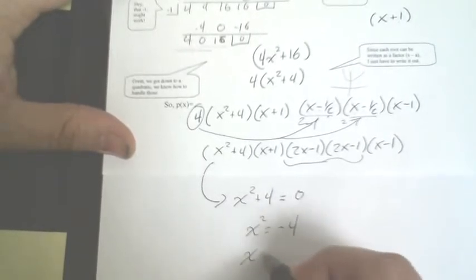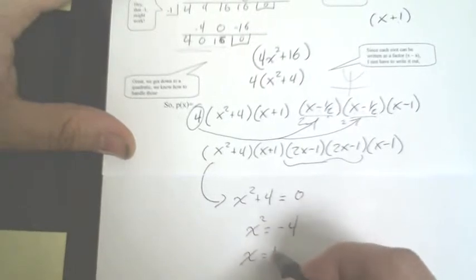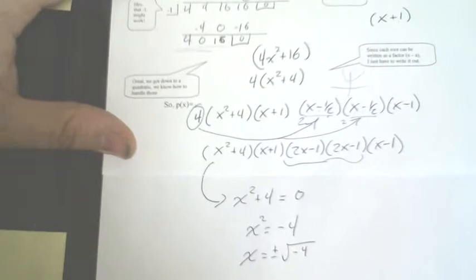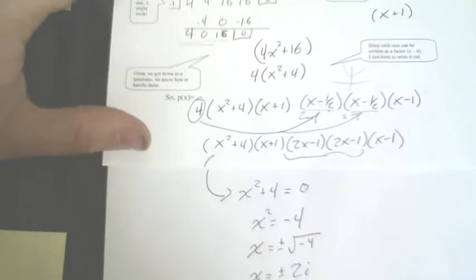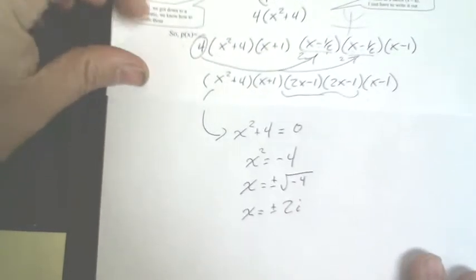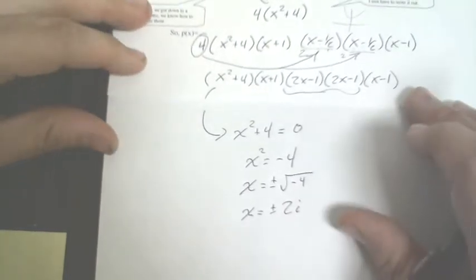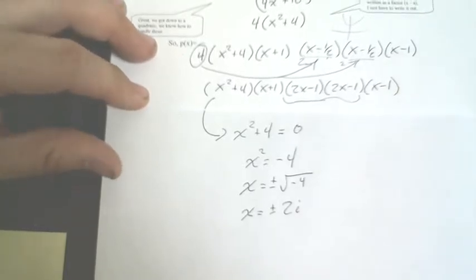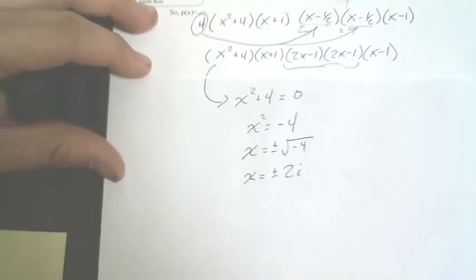It does have solutions: plus or minus the square root of negative 4. We can take the square root of negative 4, so we get plus or minus 2i. Oops, sorry. So those are a couple more zeros, or roots, of this big polynomial.